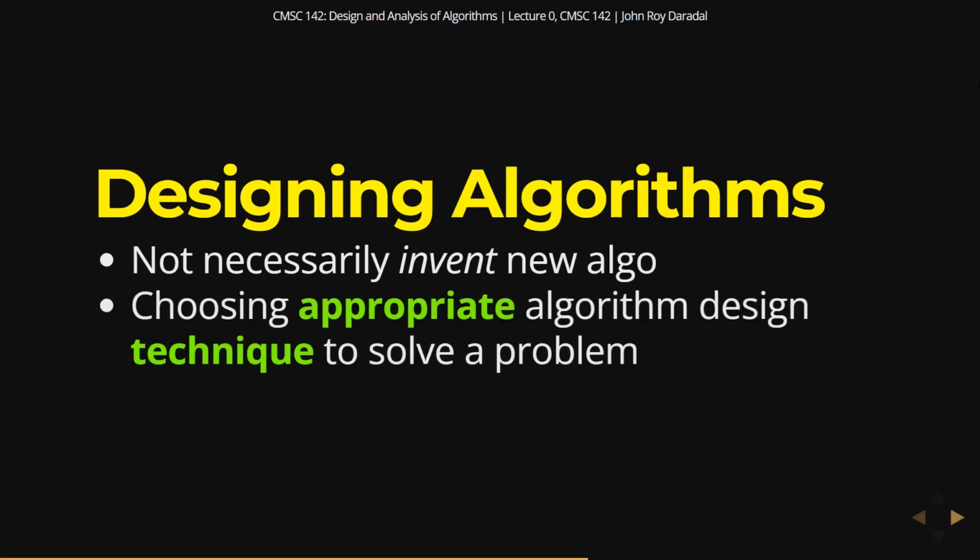Designing algorithms is basically just choosing the appropriate algorithm design technique to solve a problem. Just choosing the approach or the design technique or the design paradigm that will efficiently solve the problem is already part of designing algorithms. So you don't need to necessarily invent a new algorithm.